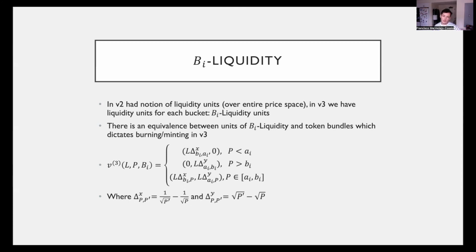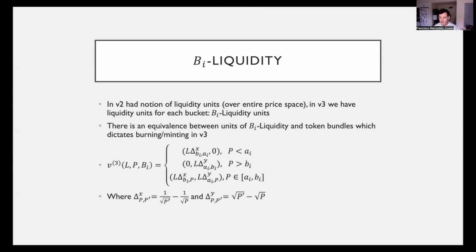And we specify this equivalence with this function v superindex 3. What this is saying really right here is that if I want to mint L units of liquidity, this V3 LP B_i, if I want to mint L units of liquidity and the current price is P for the ith bucket, then the corresponding bundle is the right-hand side of the expression, which has 3 different cases depending on whether the price is to the left, within, or to the right of the interval of the bucket.